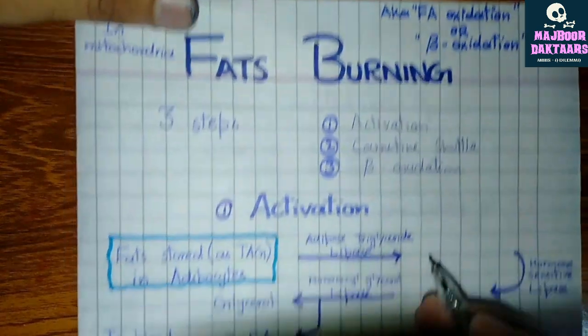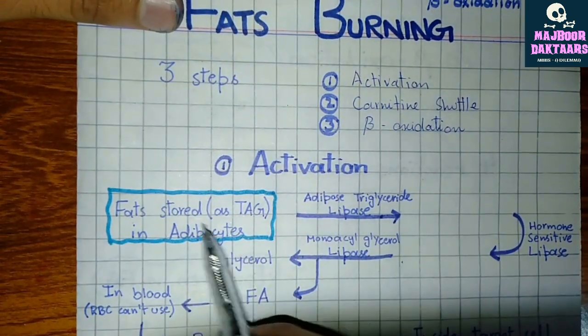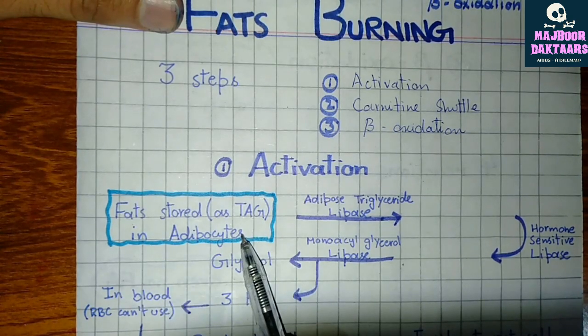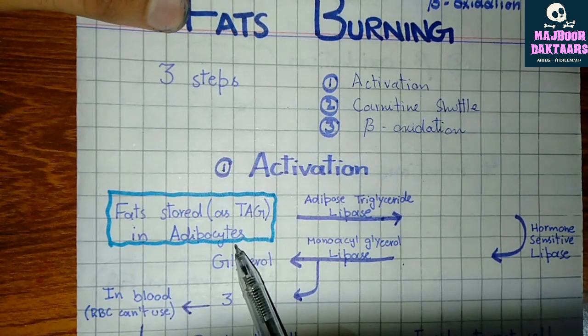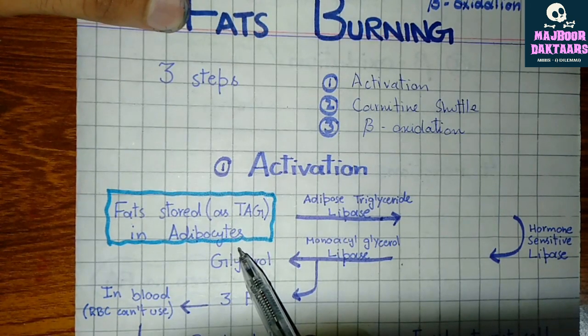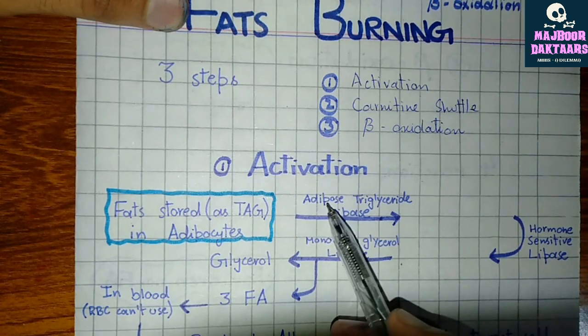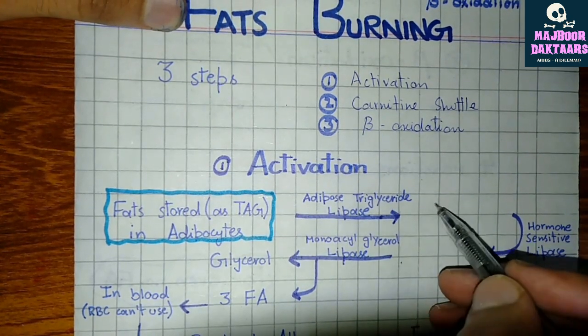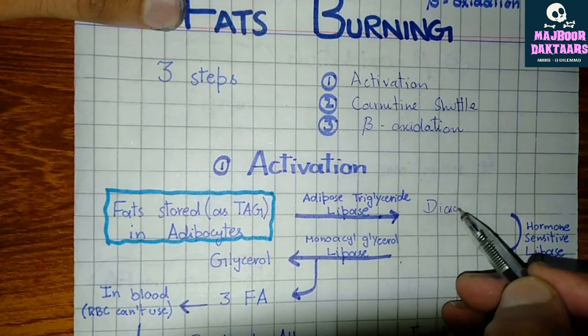Now in the first step, as we know, fats are stored as triacylglycerides in adipose tissue. These fats are acted upon by an enzyme called adipose triglyceride lipase, which converts it into diacylglycerol.